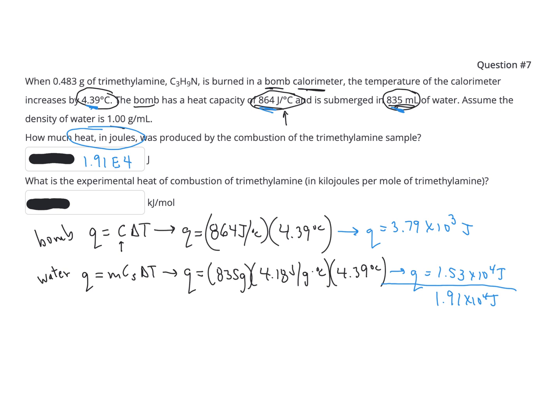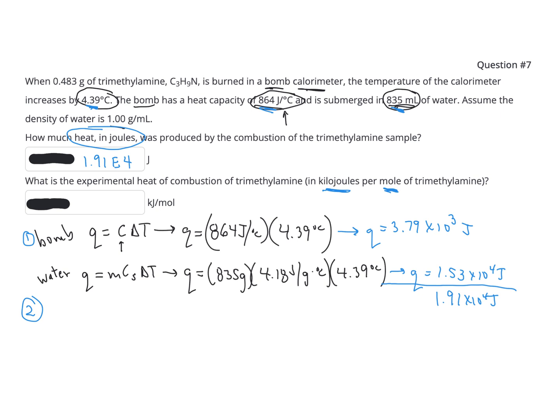Step 2: what is the experimental heat of combustion in kilojoules per mole? So that's part 1, right? In part 2, we have to find this energy in terms of kilojoules per mole.